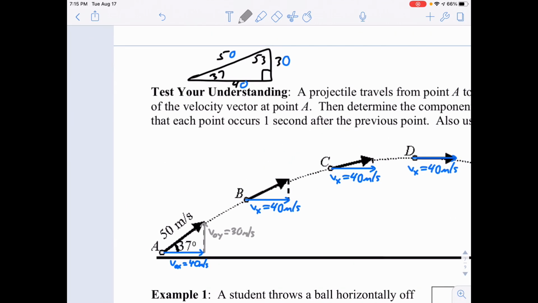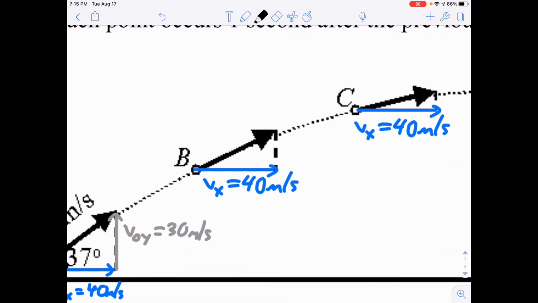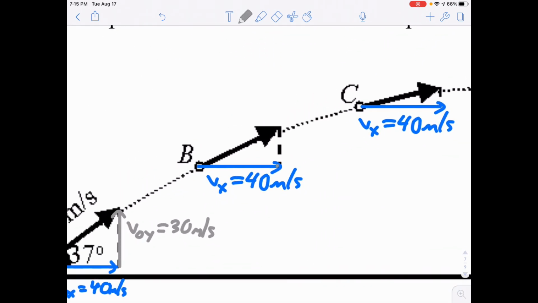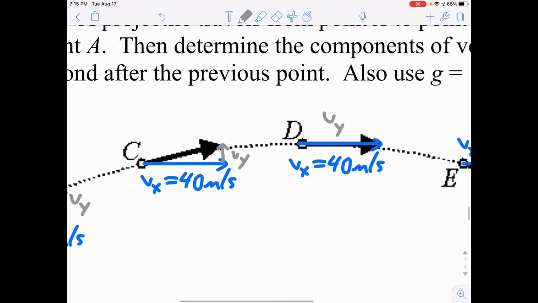And if you look, ladies and gentlemen, it's that same 3, 4, 5 triangle, or 30, 40, 50 triangle. Same ratio. Now notice the gray component, v naught y, or I should say vy in this case, is getting smaller and smaller until it is 0 at the top, because gravity is obviously pulling in the negative direction.